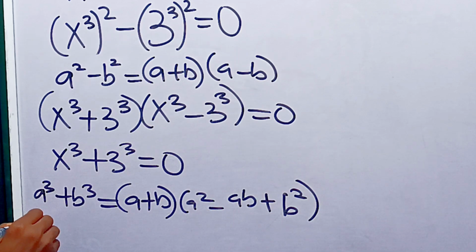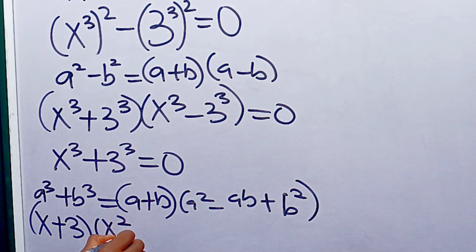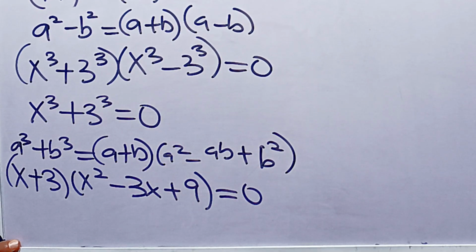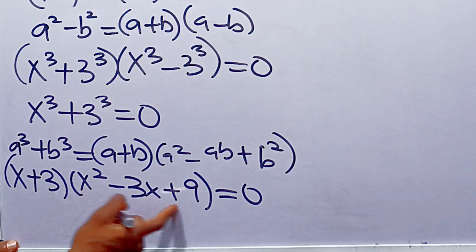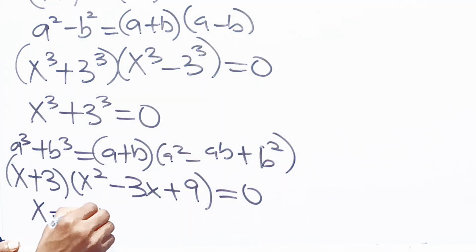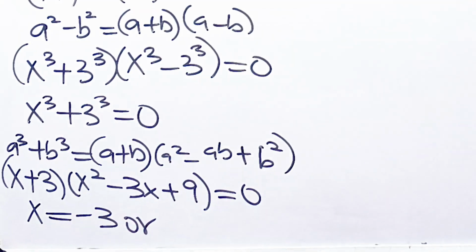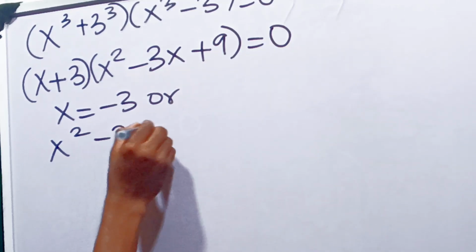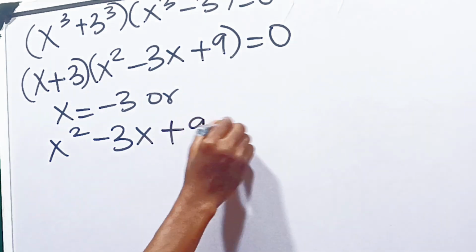Applying this law here, we have x plus 3 multiplied by x squared minus 3x plus 3 squared, which is 9, is equal to 0. Now, it's either this is equal to 0 or this is equal to 0. So it's either that x plus 3 is equal to 0, implying that x is equal to negative 3, or this part is equal to 0. So x squared minus 3x plus 9 is equal to 0.